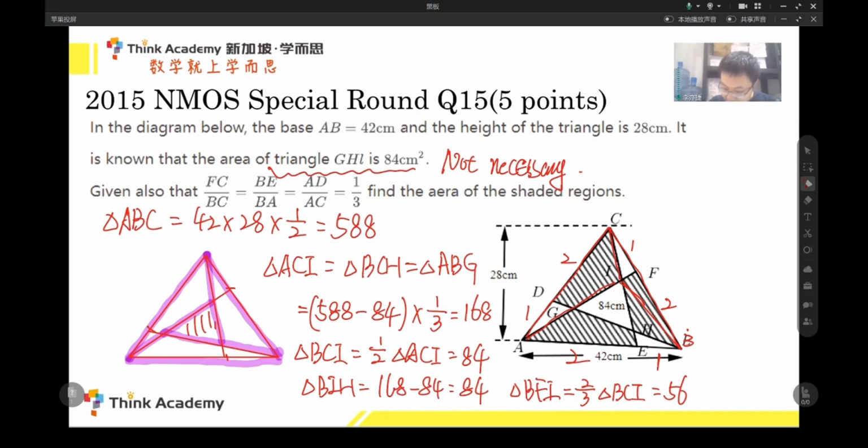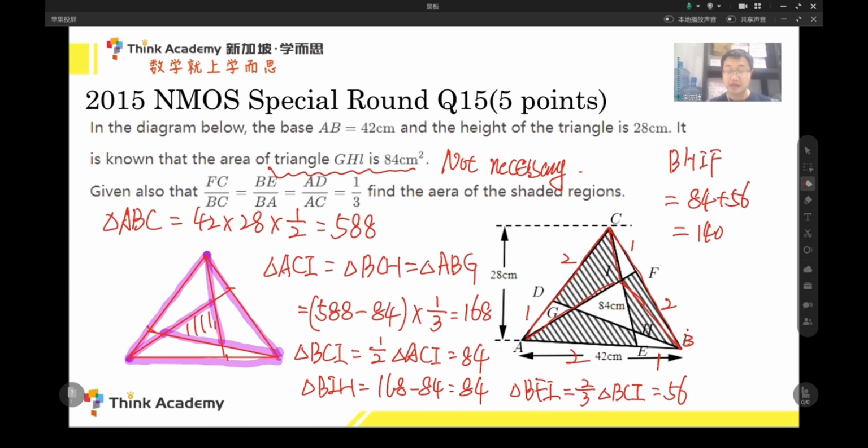Now we know BIH and we know BIF. Then BHIF will equal 84 plus 56, which makes it 140.